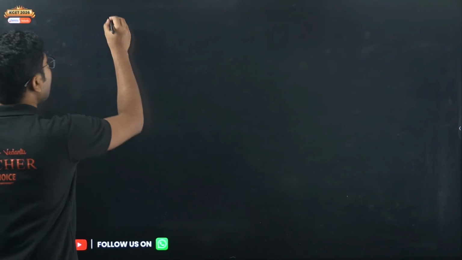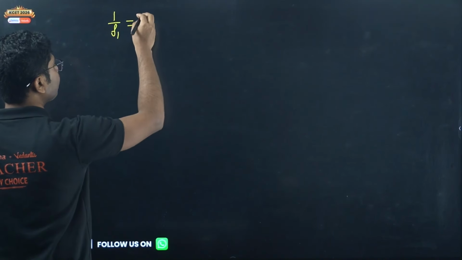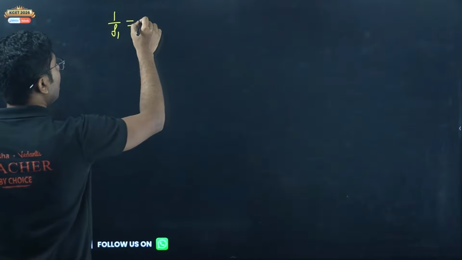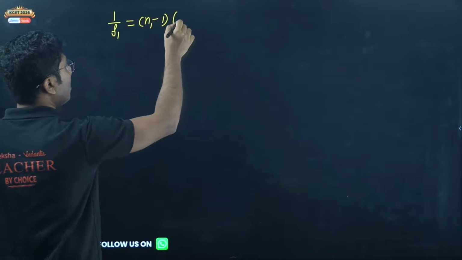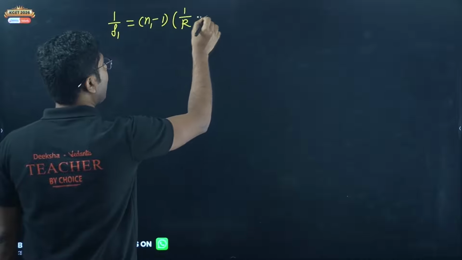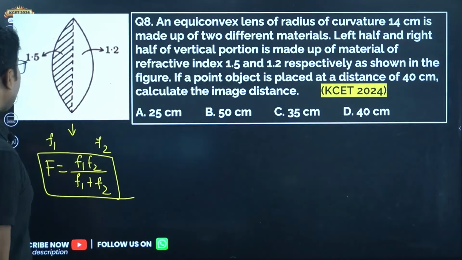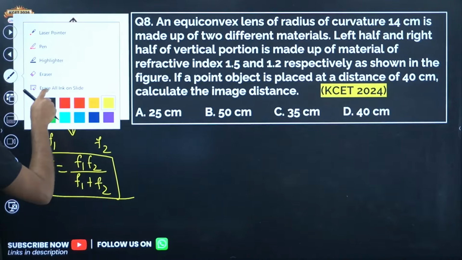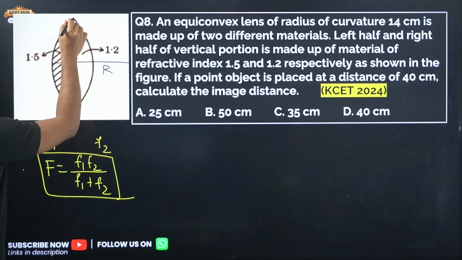So first, obviously 1 by f1 equals (n1 minus 1) into (1 by r minus 1 by infinity). Why? If you see this diagram, this is the radius of curvature of this surface, which is positive. The other surface is this one.